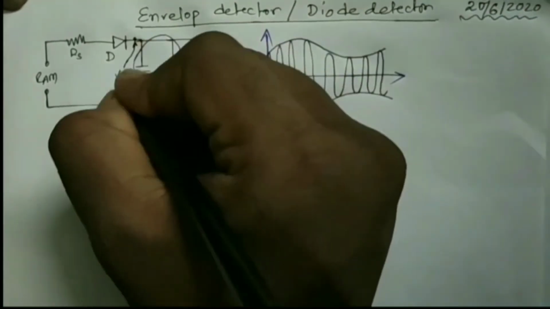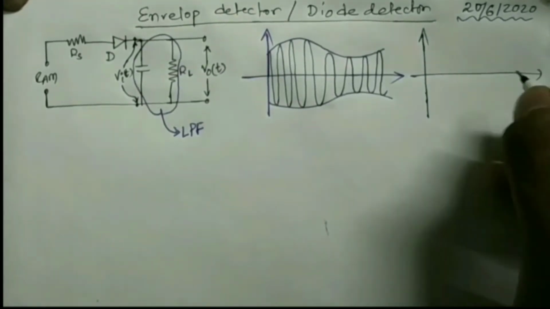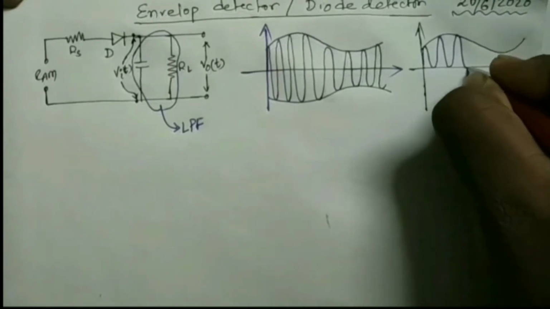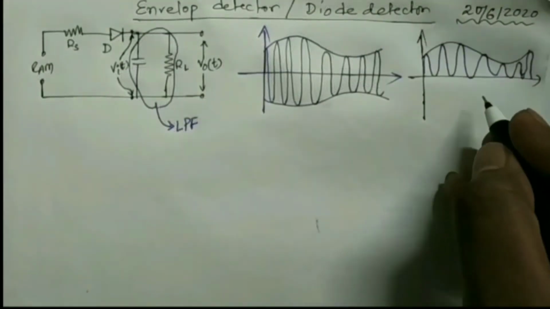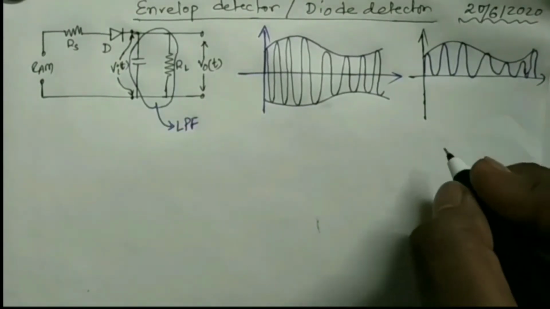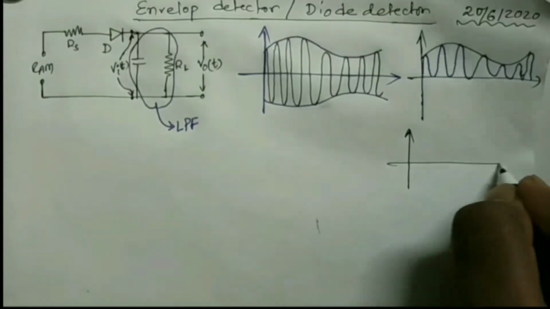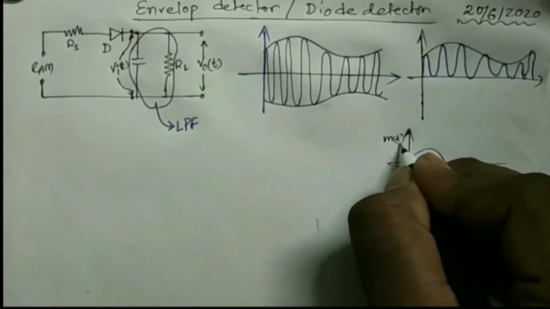So at this point VIT will be like this, and passing this signal through the low pass filter we will get the message signal, which is this, and it is given by MT.